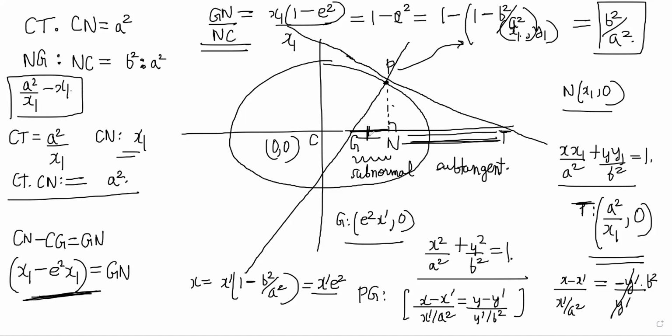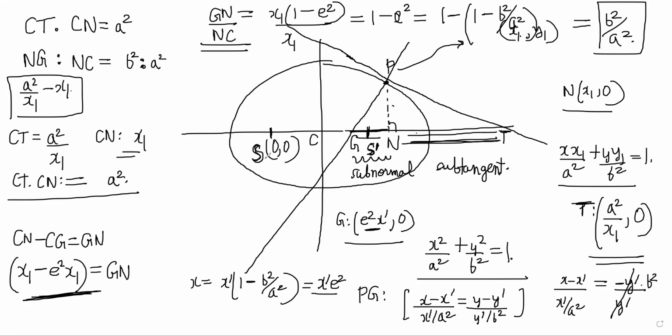One focus is let's say here S dash and one focus is here S, right? This G point was e square x dash. It depends on where x dash y dash was, so G could be this side or G could be this side. I am assuming one focus S dash is here and one focus is here, right?